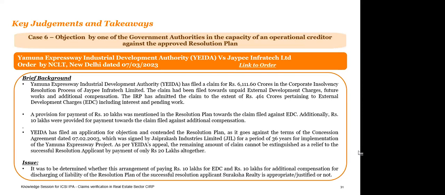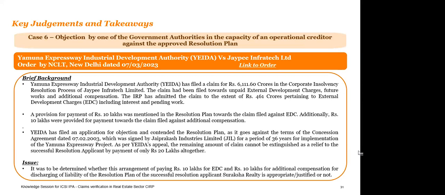These kinds of claims were not admitted by the resolution professional. But still, a provision for payment of 10 lakhs was made. Out of this 461 crores against EDC, which was admitted, the resolution plan provides 10 lakh of payment.